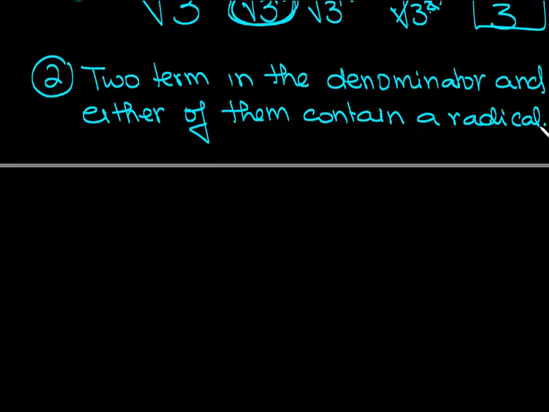So we could have two terms in the denominator and either of them could contain a radical. Okay, so here are some examples of them.